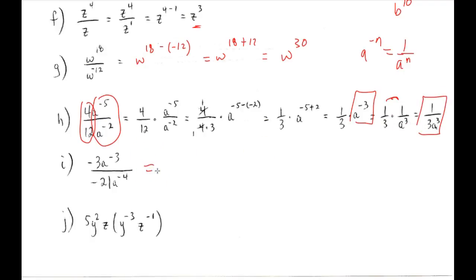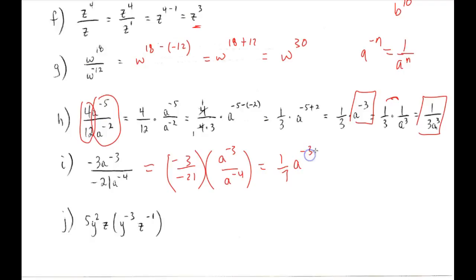So for I, we would take negative 3 divided by negative 21, all that times a raised to the negative 3 over a raised to the negative 4. We know that a negative divided by a negative is a positive, and 3 over 21 reduces to 1/7.